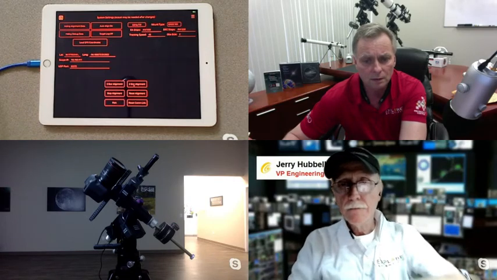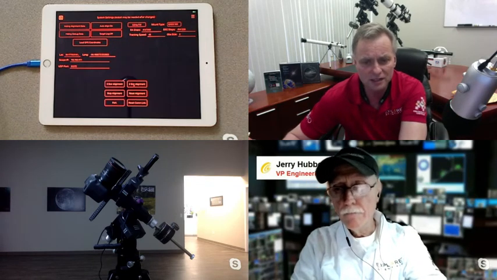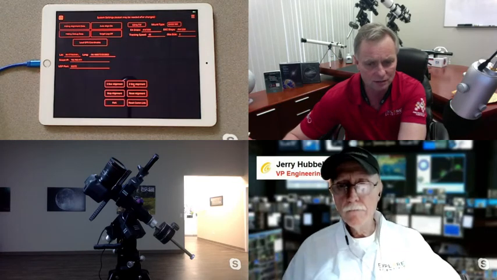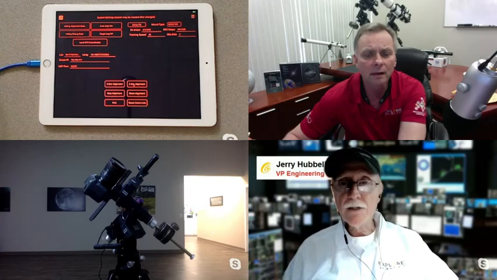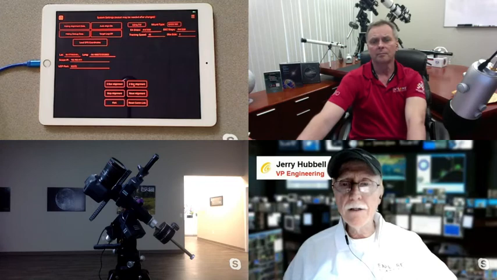Okay. So Bill Black has a couple of questions here. If you change that tracking speed, will it track using that change? Yeah, that's one other feature in the ASCOM driver.